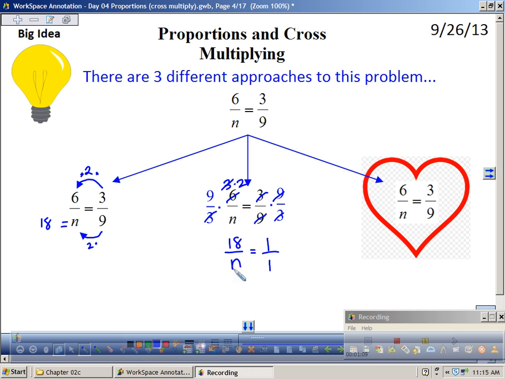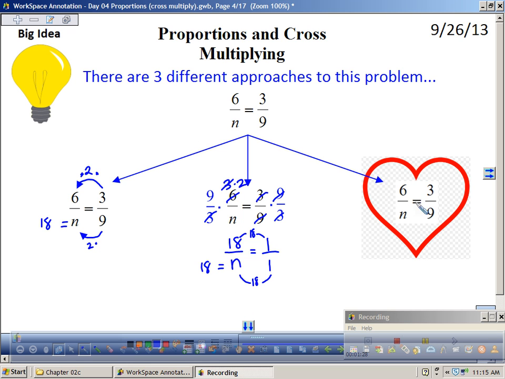What must n be if it has to equal 1 over 1? 18. Or if you can't see that, 1 times 18 equals 18. So 1 times 18 must also be 18. Kind of similar to what Brenda did, right?